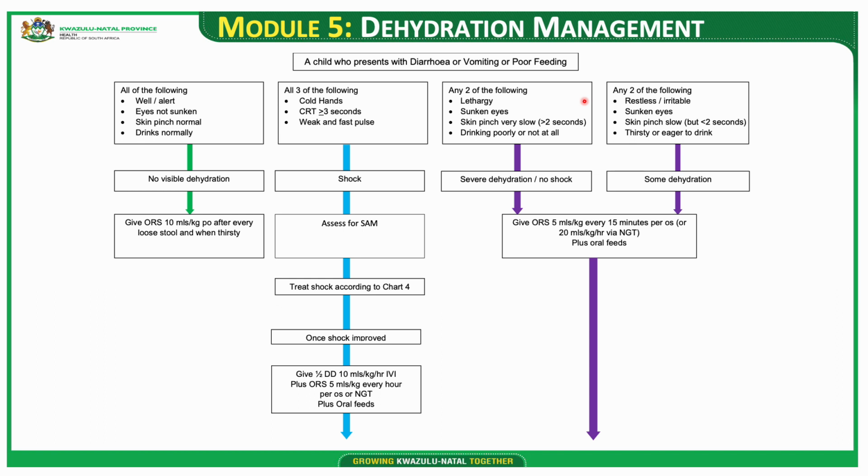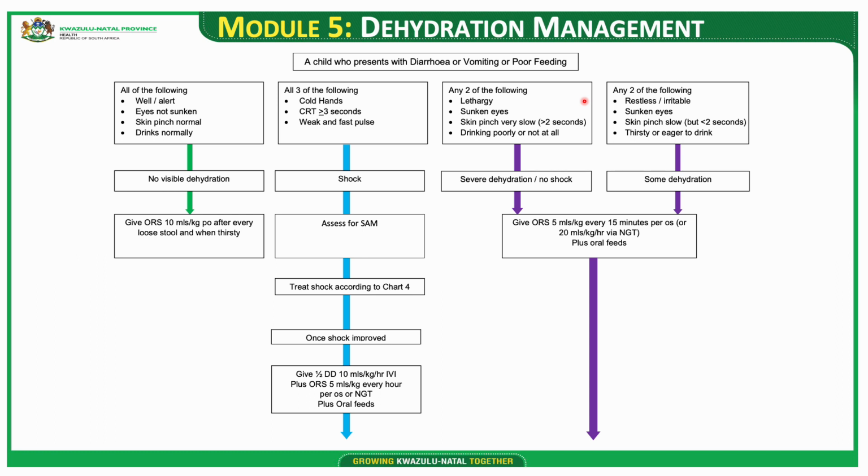If they have two of the following, they're lethargic, they have sunken eyes, they have a very slow skin pinch of more than 2 seconds, or they're drinking poorly or not at all, then they're classified as severe dehydration, but with no shock. If they have two of the following, restless or irritable, sunken eyes, skin pinch is slow but less than 2 seconds, or they're thirsty or eager to drink, then they have some dehydration.